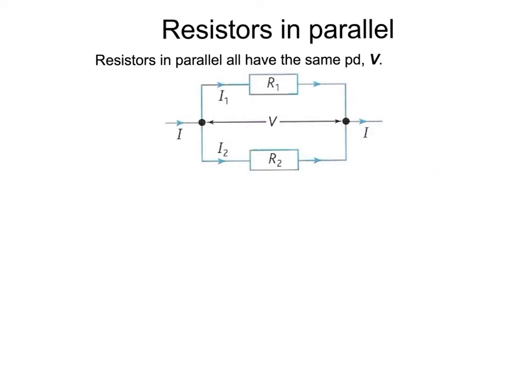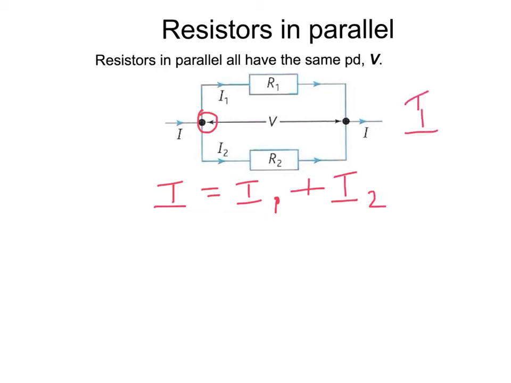So here we have two resistors in parallel. And remember from Kirchhoff's first law, the current going in will add up to the current coming out of that junction. So now we have an equation where the currents add up.